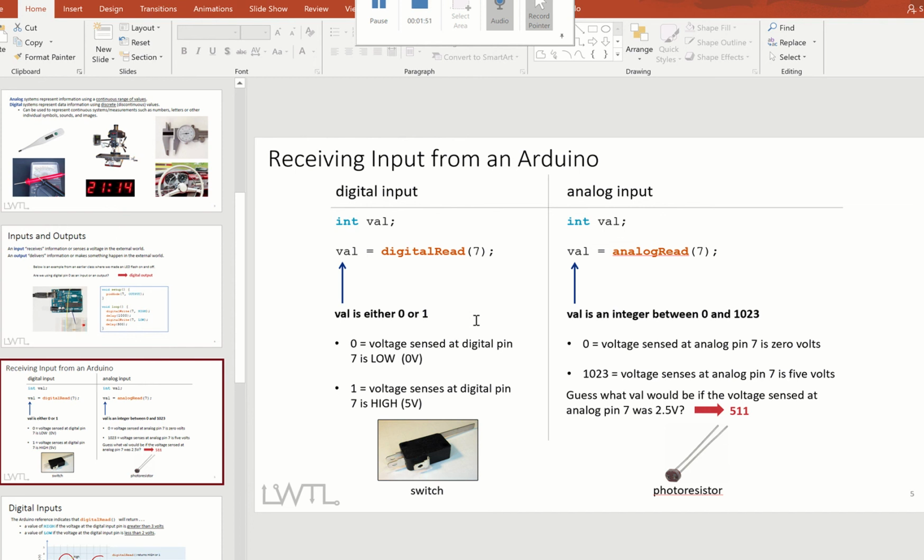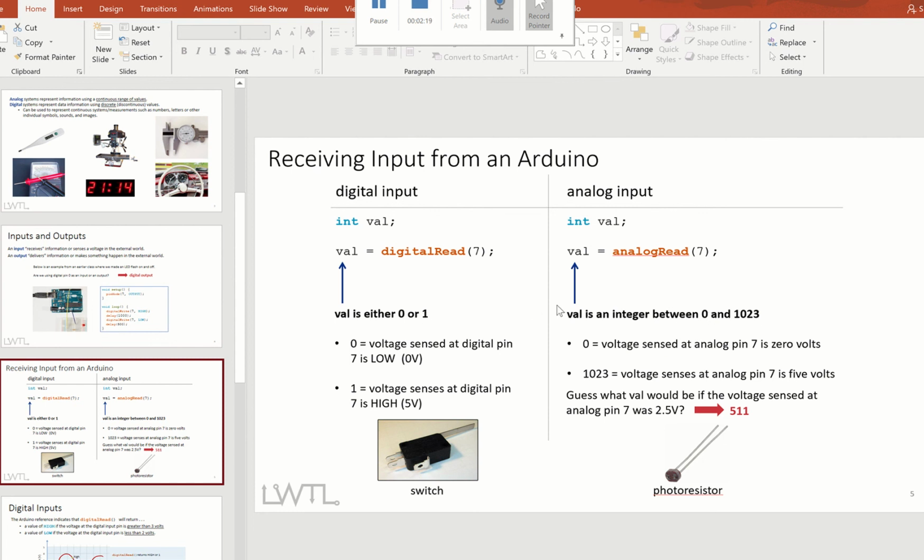A new scenario is if you're going to read, for example, the brightness of the room. That's going to be a continuous read, not discrete. So that's going to be analog, talking about the darkness or brightness of the home. So that's an analog read. For that situation, the range is from 0 to 1023.